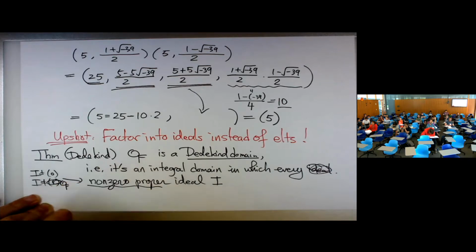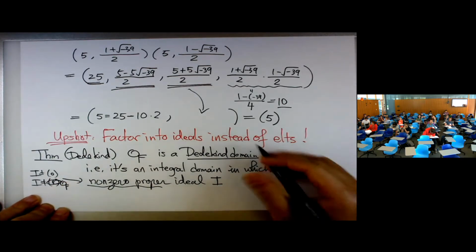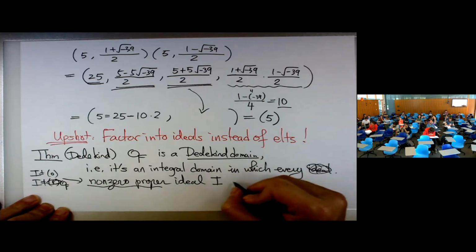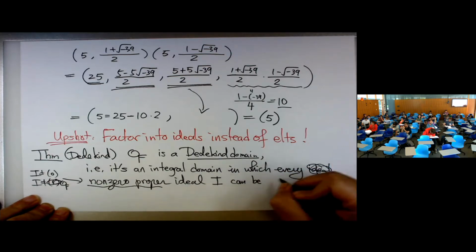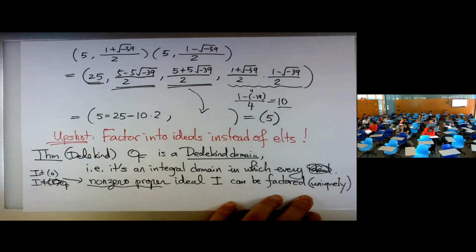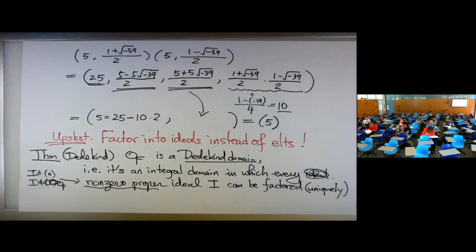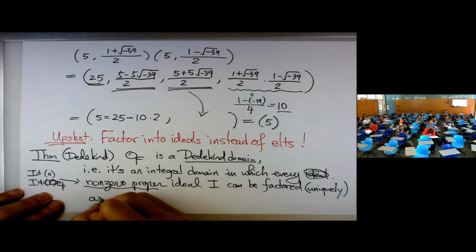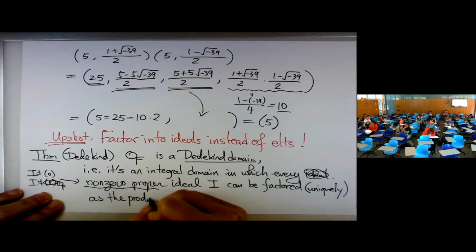So you want to exclude these 2 cases. But later on, whenever I say uniquely, I really mean unique up to permutation of the factors.